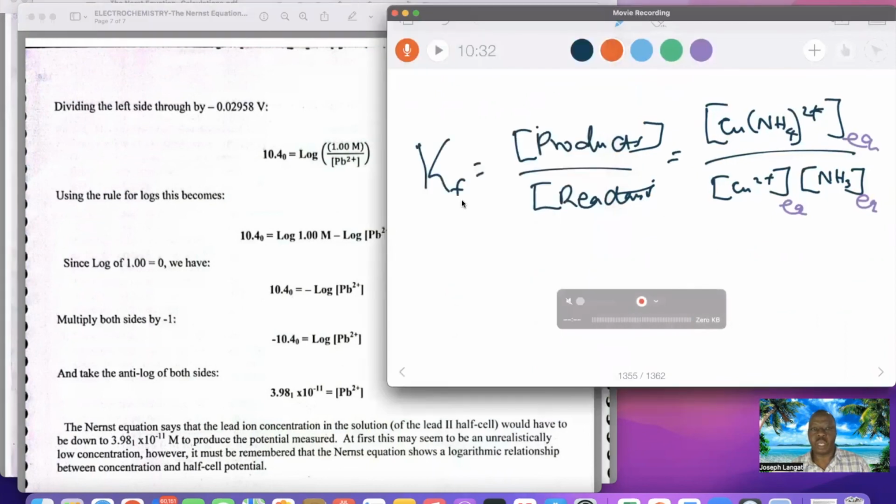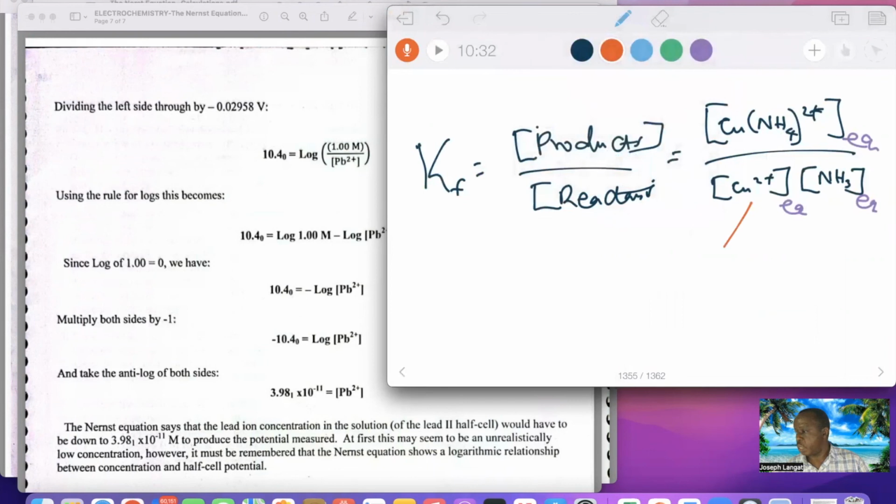The formation constant for the experiment is the concentration of, all right? This is from the Nernst equation right here. And once you have that, this will be experimental.